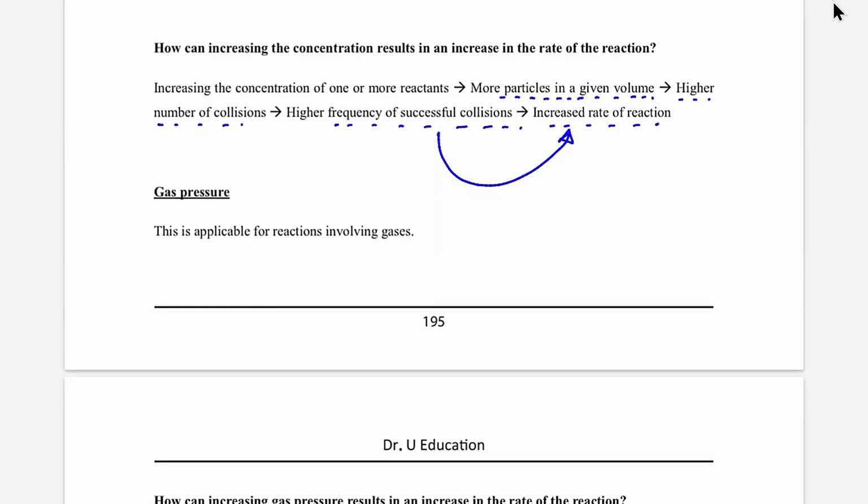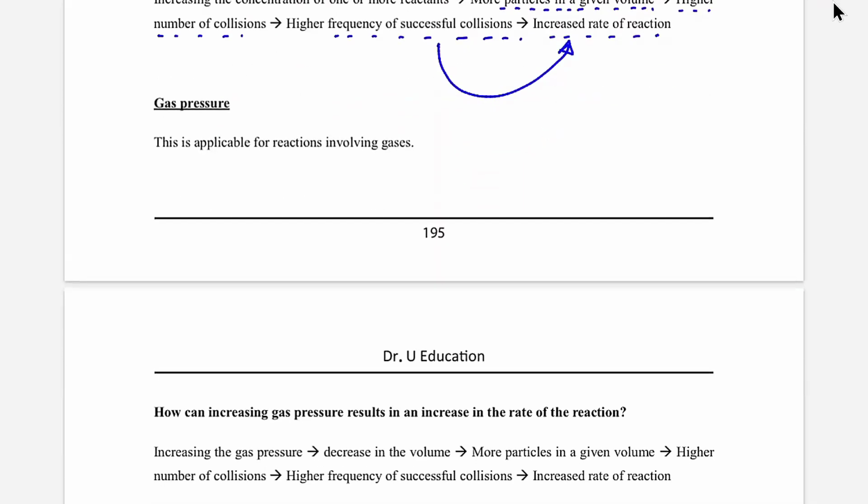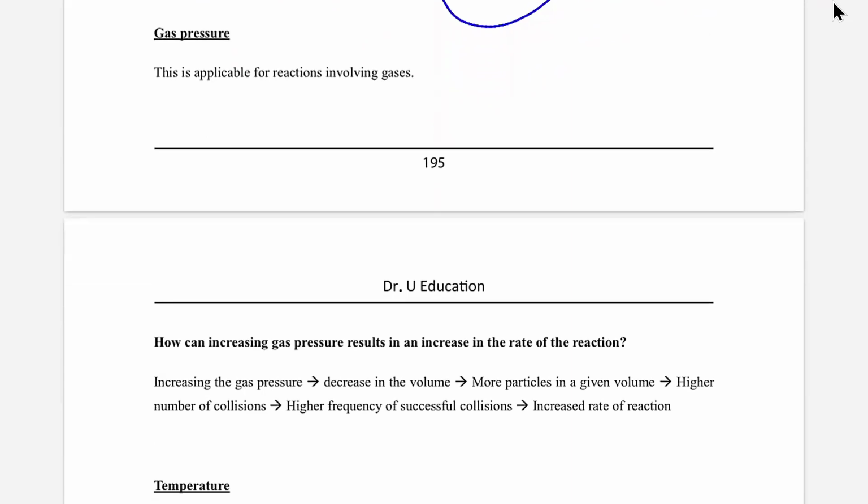So the ability to move a particle, if that is more, that means more collisions. Maybe that you wrote in your language. Don't quote me something you wrote, but I think that's the idea.